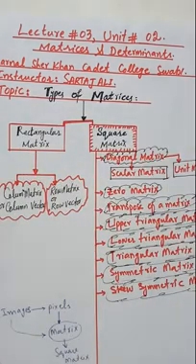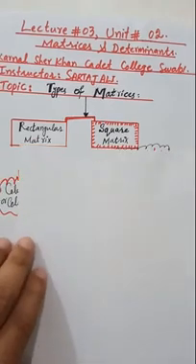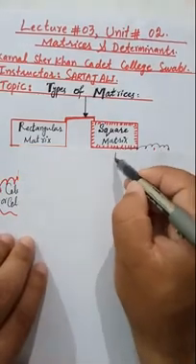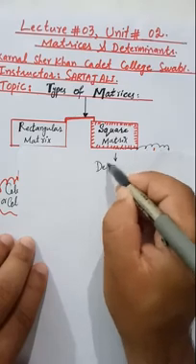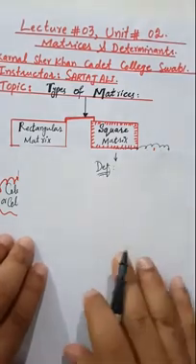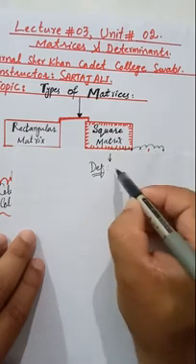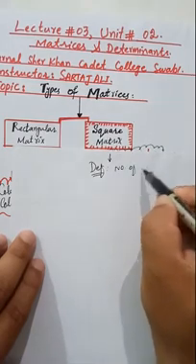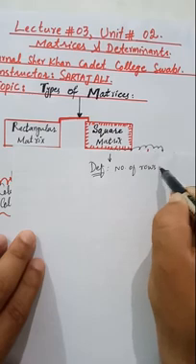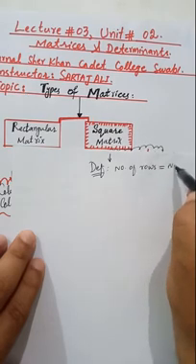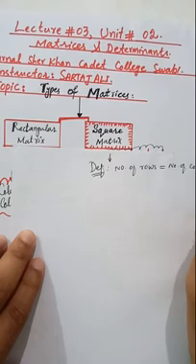Now after that we will discuss square matrices. What is the definition of a square matrix? It is a matrix in which the number of rows is equal to the number of columns.